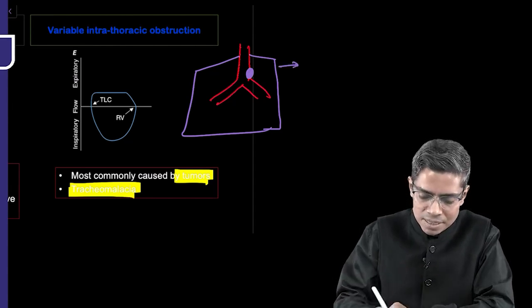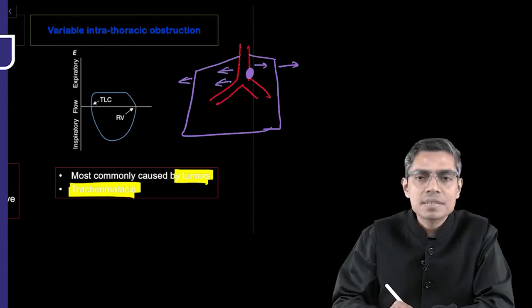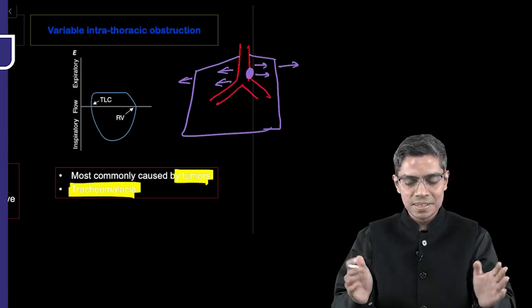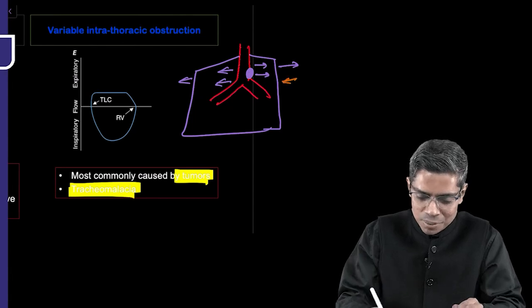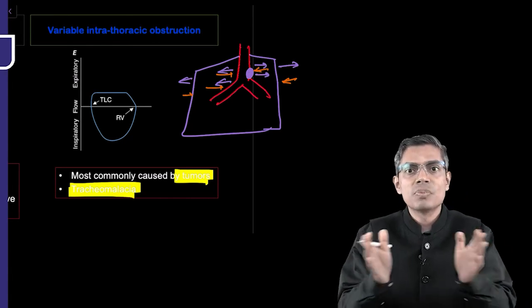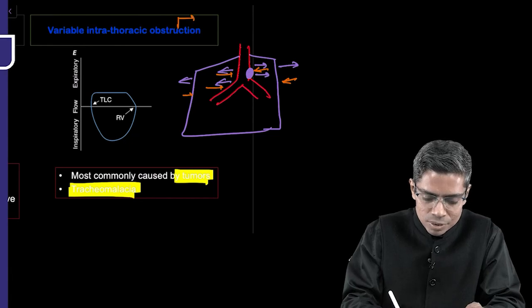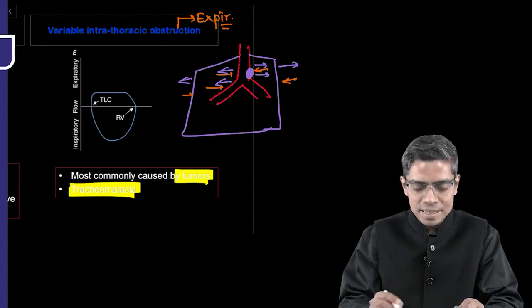If the subject is taking inspiration, there will be dilatation of these airways. So this tumor blockage will be lesser. But whenever the person does expiration, there will be compression of these airways. The tumor will block more. So variable intrathoracic means the expiratory portion is going to be affected.